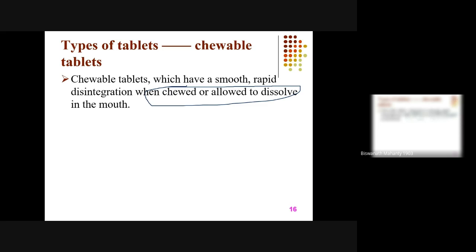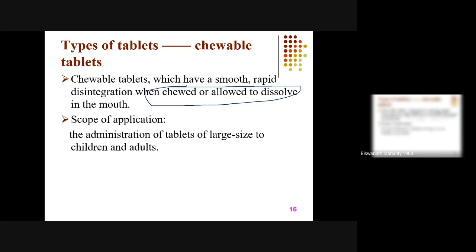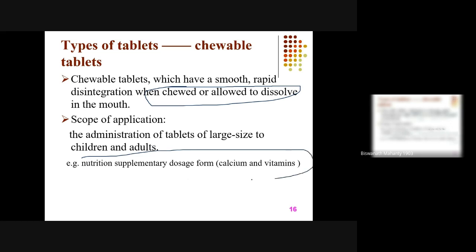Basically, it will allow administration in a larger size when you are going to have it. Otherwise, you cannot really swallow it. Maybe there are difficulties there. Mostly, yes, that you already know. Mostly, we are going to give these kinds of things. Particularly, people might have used calcium and vitamin C, those things are often used in chewable formulations.